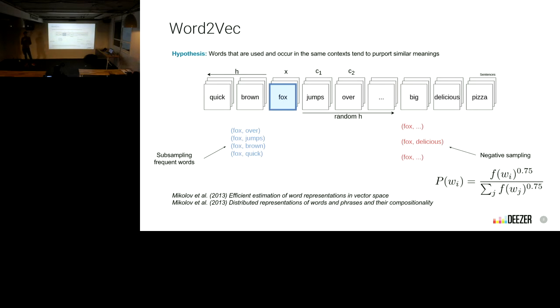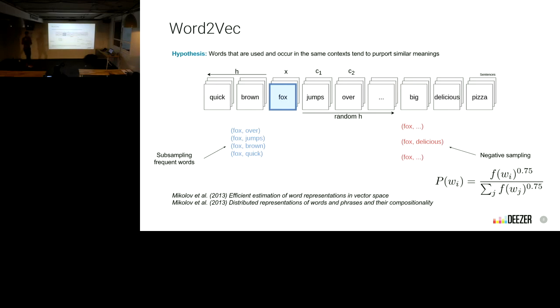So there are several tricks that are widely used in the NLP community to improve training, accelerate training, and improve the embedding space. First, you can subsample frequent words. If you have frequent words like the or a, you can subsample them before the training, and it accelerates the training.